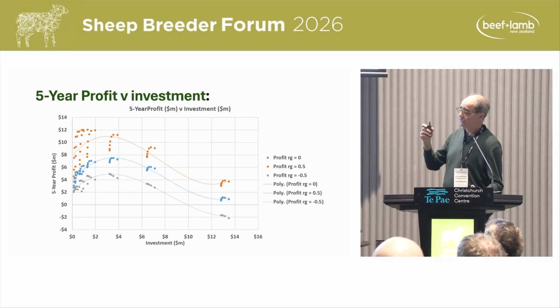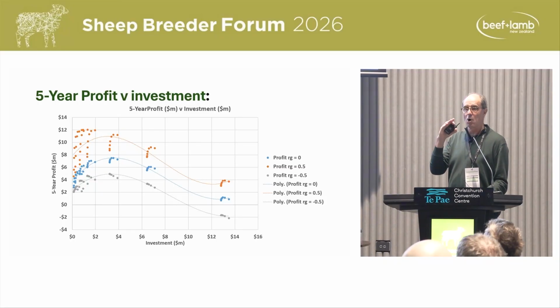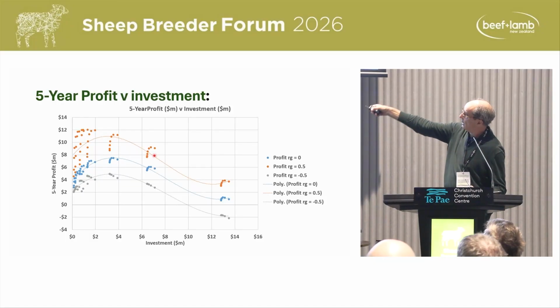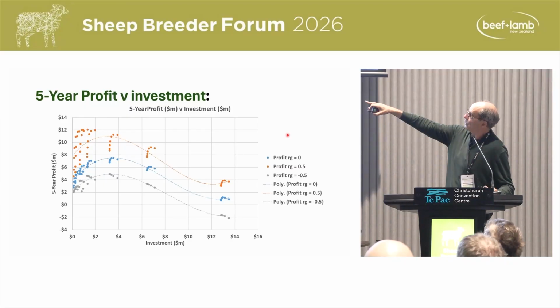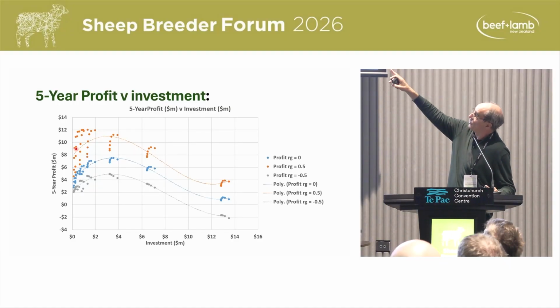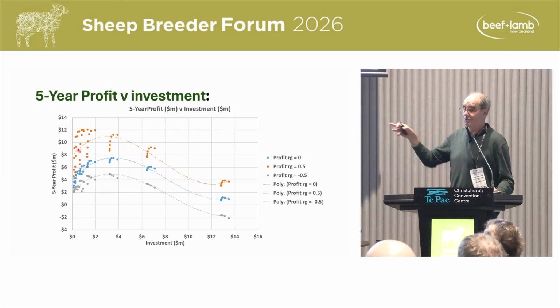And this slide is simply saying that for any set of parameters, there will be an optimum level of phenotyping. The axis across the bottom is the amount of money we're spending on phenotyping, and you can see in my model it's gone from $0 million to $16 million, and up there is the 5-year profit, and that's profit after the investment.